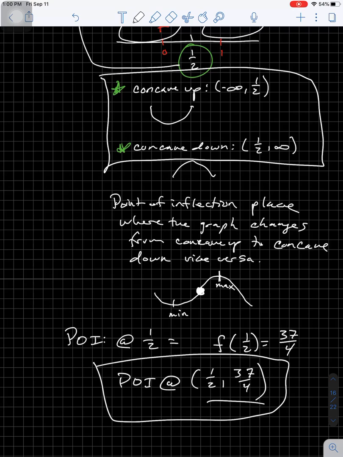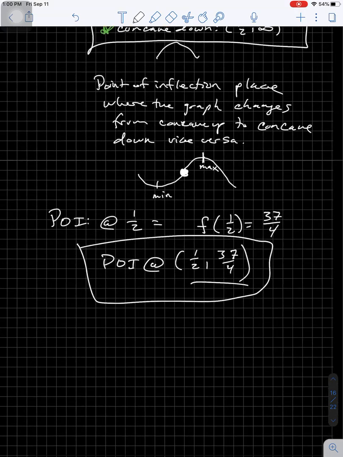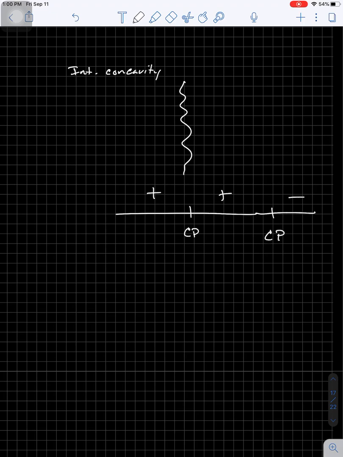Okay, now I'm not going to do another example of this one, but let's just say you were finding intervals of concavity, and you did all your work. You found your second derivative, and you found your critical points, and you tested, and let's say you had 2 critical points and got plus plus minus or something like that.